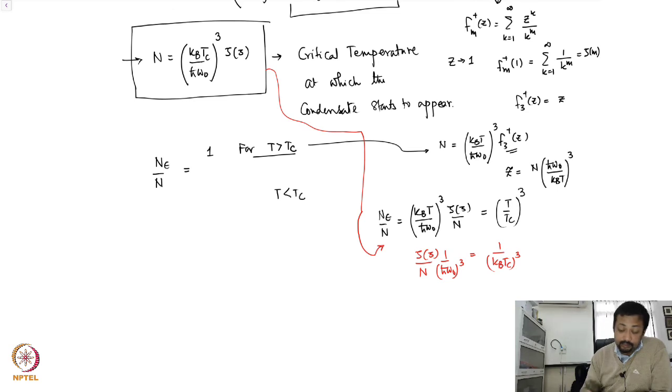Remarkably, you see this factor has now changed. For an ideal Bose gas, this factor was (T by Tc) raised to the power 3 half, but this is now (T by Tc) raised to the power 3, and this factor solely depends on the density of states.